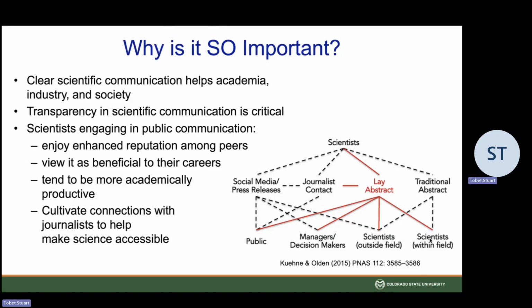So cultivating connections with journalists might help make some of that possible. To some extent, you have to feel comfortable making things understandable for the lay public. And so you see in the middle of this diagram on the right, which was published in 2015 in PNAS, the lay abstract becomes an important component of what you need to learn how to do. And we'll talk about that in this section of the module as well.